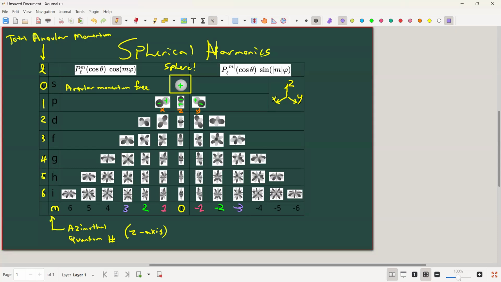You probably already get a sense of what these look like. These are the s, p, d, f orbitals. We call L equals 0 the s orbital, L equals 1 the p orbital, L equals 2 the d orbitals, then the f, g, h, and i orbitals, and so on.